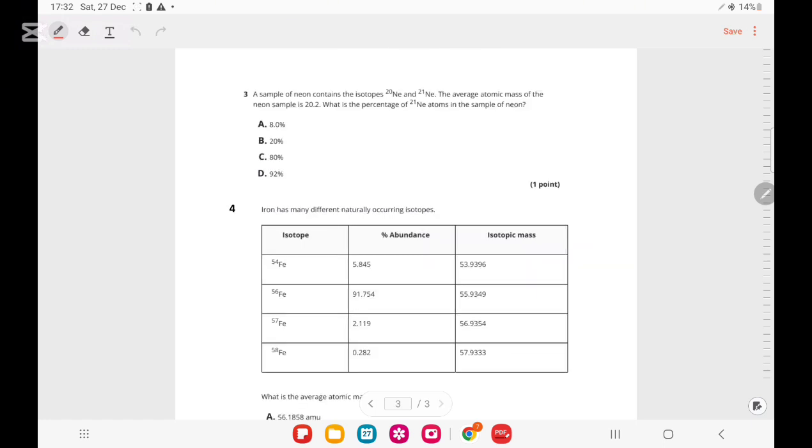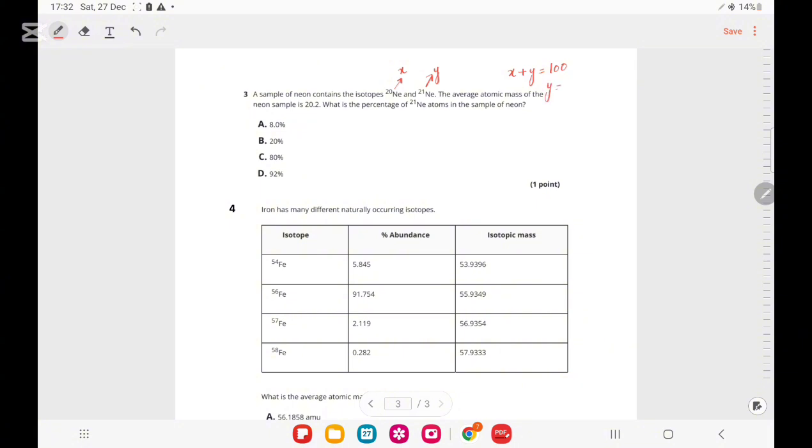So question number 3 says a sample of neon contains the isotope neon 20 and neon 21 and their average atomic mass is 20.2. What is the percentage of 21 neon? So we can suppose its percentage abundance to be x and its percentage abundance to be y and their sum is equal to 100.